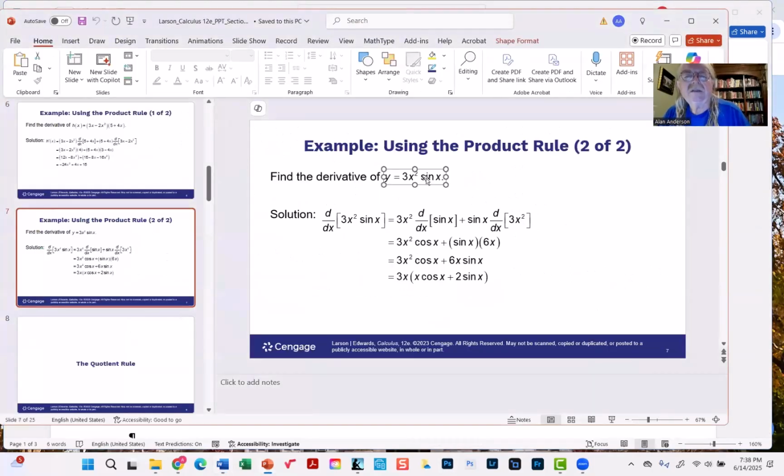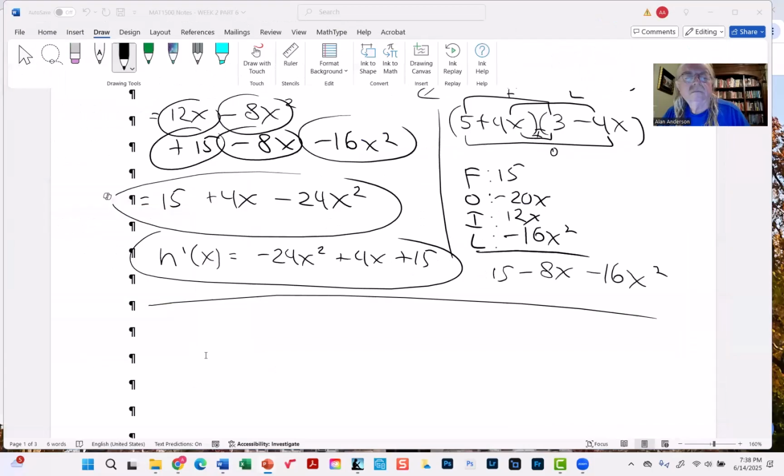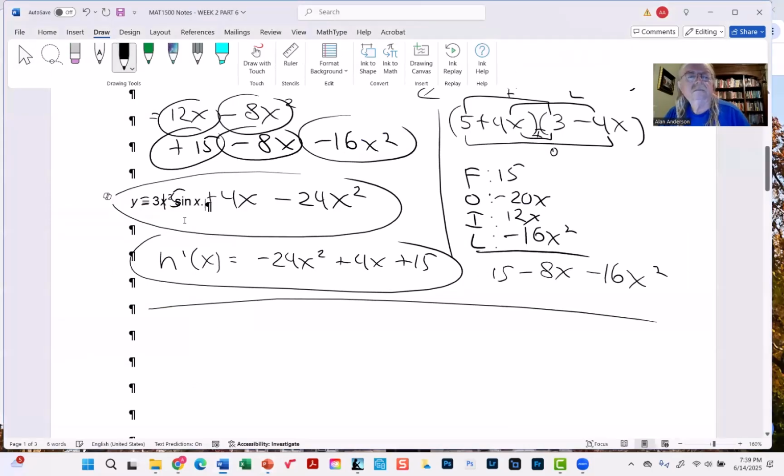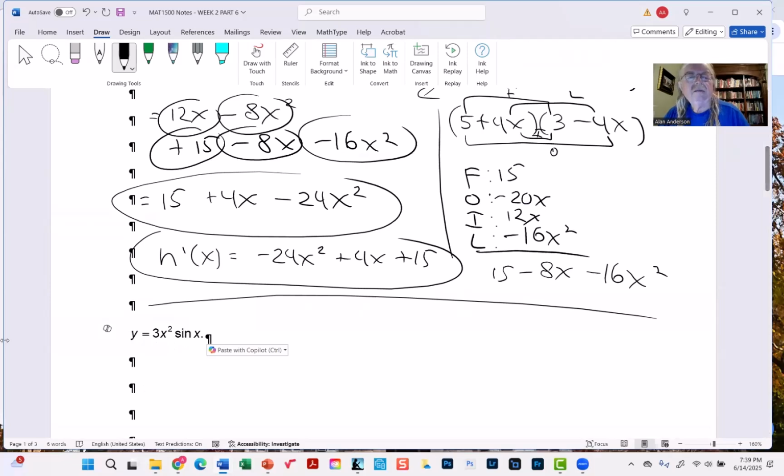So what do we have here? All right. So now that means in this case, if we think of this as h of x equals f of x times g of x, f of x would be the 3x squared.